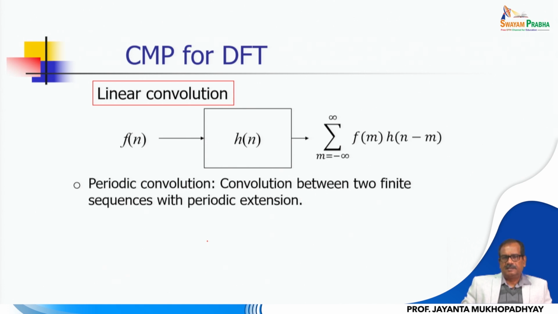It can be shown that if the periods of both the input sequence and the impulse response sequence are the same, or of any two finite sequences whose periods are the same, this convolution operation will also produce the linear convolution.